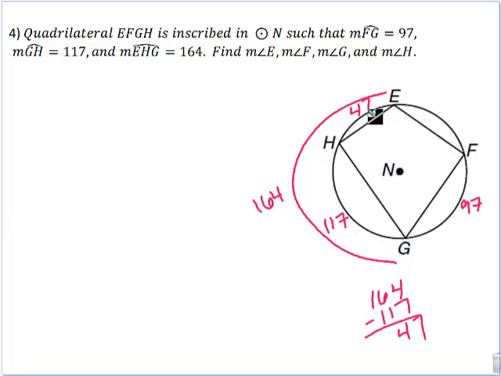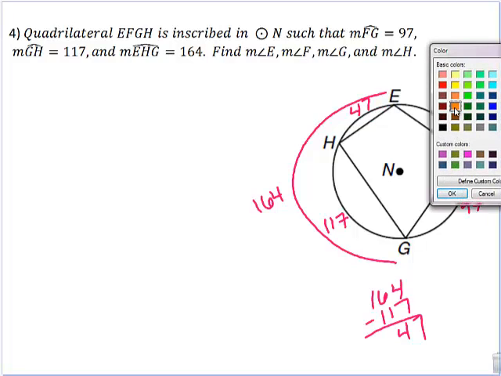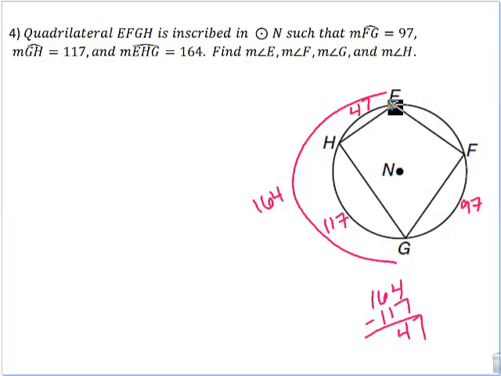So we want to find the 4 angle measures. E. Do you have any ideas for how you could find these? Or do you know any right away? Think about the arc that it intersects. Here we know EHG, right? We were given that one. So that's from E to G. Follow E and G down.